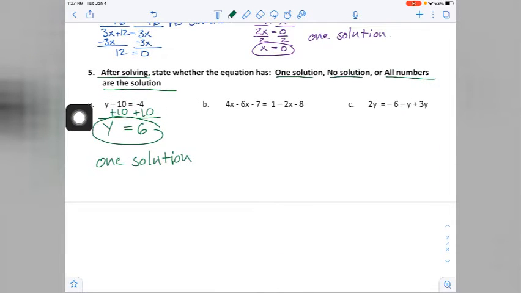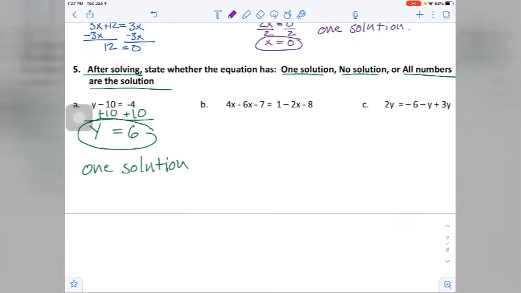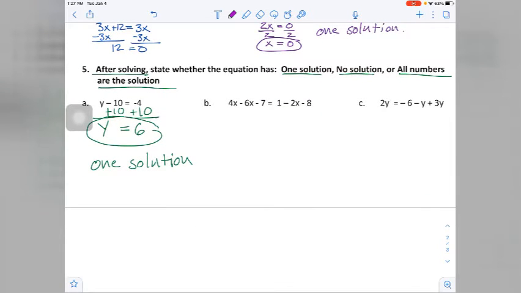So the next one, if I was going through, I would combine like terms, and so I would do keep, change, change. 4x plus -6x plus -7. All of my subtraction is turning into adding the opposite.